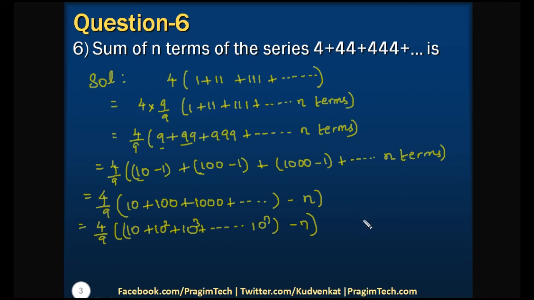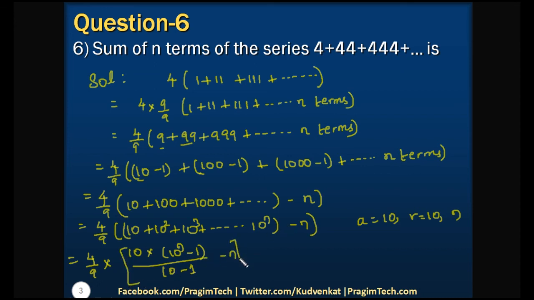So here a is equal to 10 and r is equal to 10. So the sum of n terms we can represent as 4 by 9 into a, which is 10, into, here r is greater than 1, so we write 10 to the power of n minus 1 divided by 10 minus 1. Let us keep this inside the bracket, minus n.